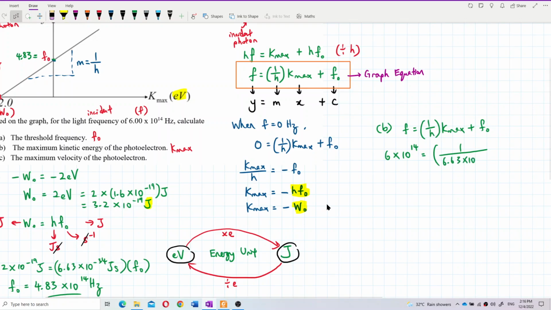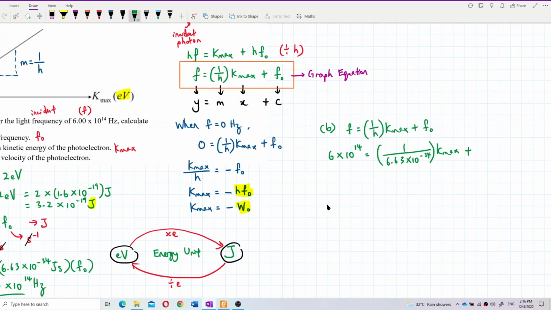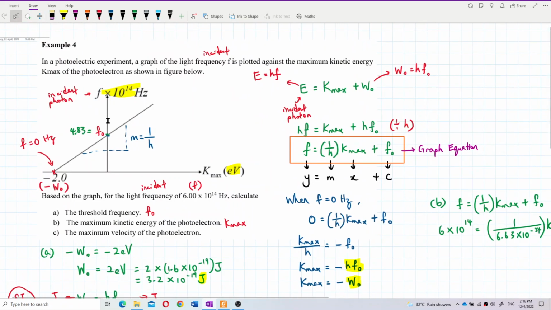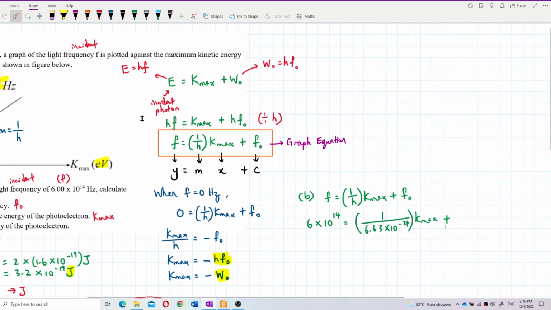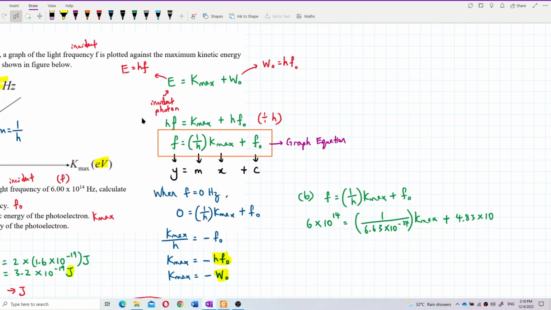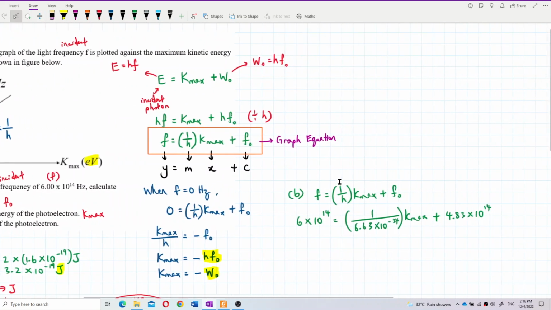And then Kmax, and then plus f0. What is f0? f0 is the threshold frequency, 4.83 exponent 14. Okay, should be correct.